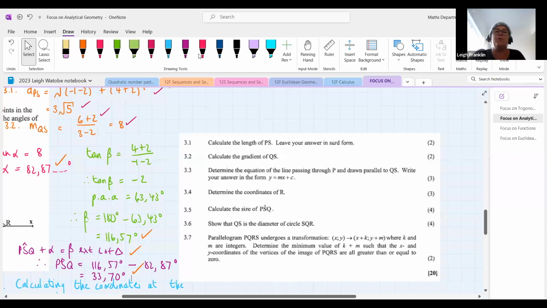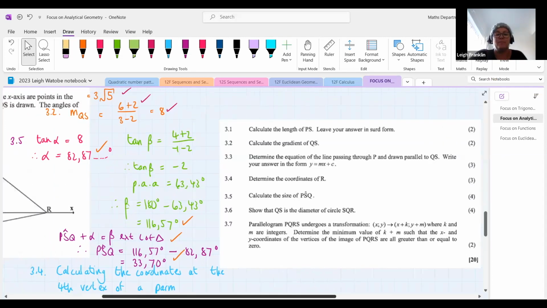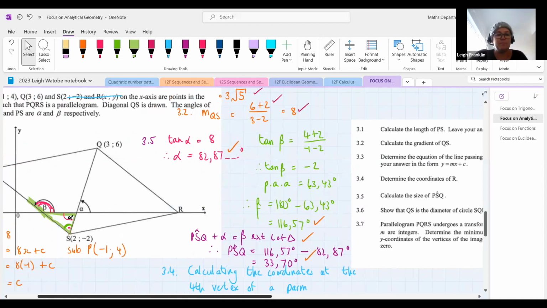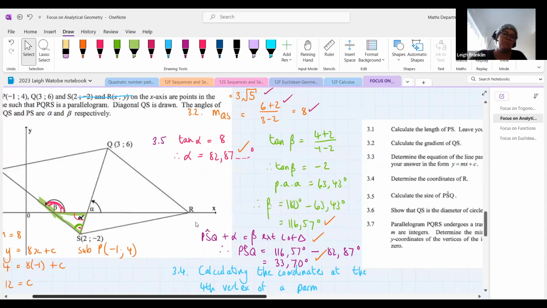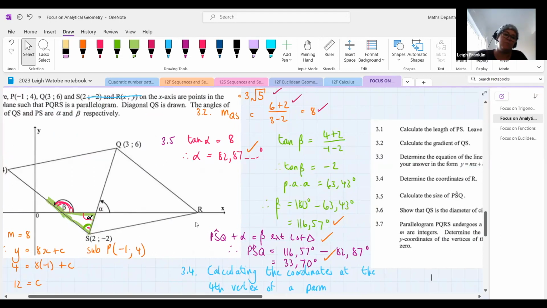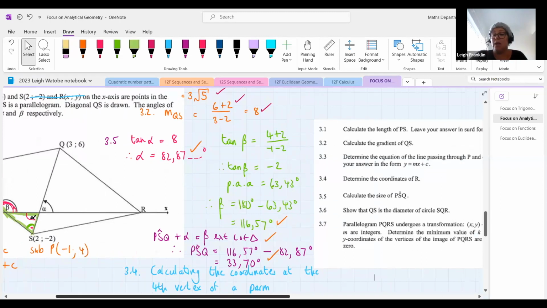Lebogang, you got your hand up? Ma'am, can you please go back to the diagram? With pleasure. Ma'am, if there was a circle around the parallelogram, wouldn't you use equal radii to prove that it's a diameter? Okay, so it's not around the parallelogram.